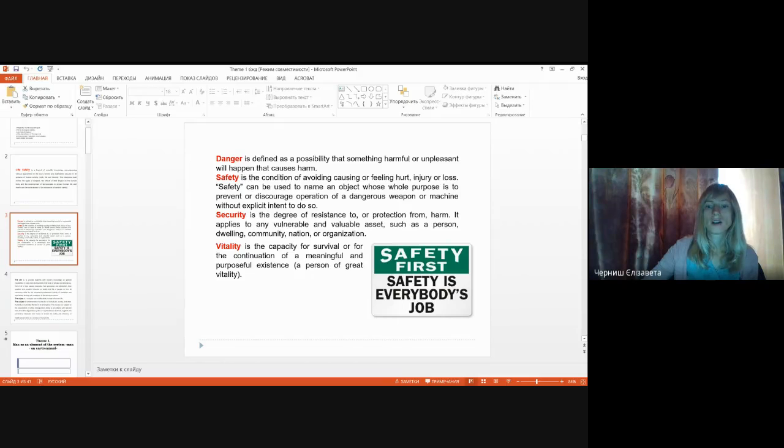Yes, it is a very important task of the municipality and the government, the protection of people's health, and so we can talk about safety areas.